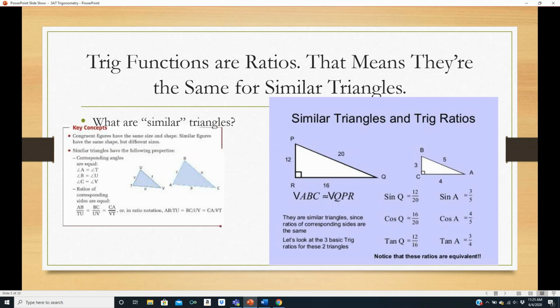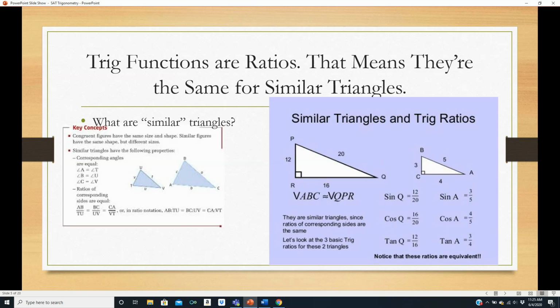AB over TU equals BC over UV equals CA over VT. It's what they call the ratio of similitude, or similarity, if you will. I like to use the fraction notation with the line between the AB and the TU. If you like to use ratio or AB to TU with the colon, that's fine. I don't find that particularly helpful, but if you like it, great.